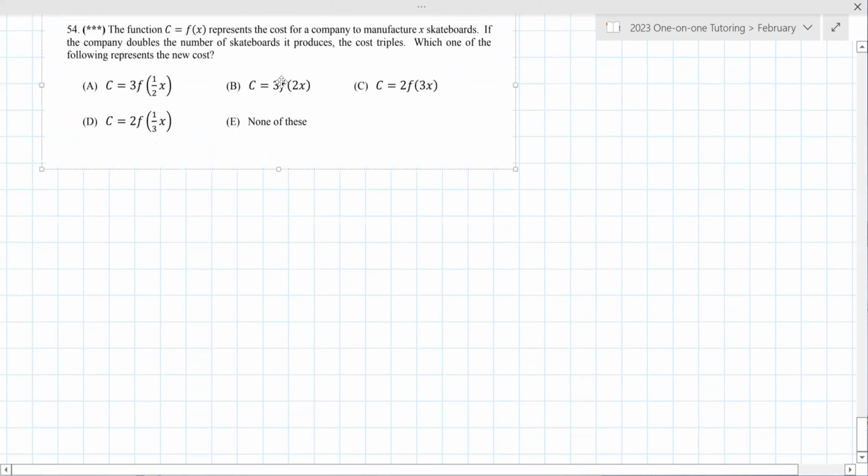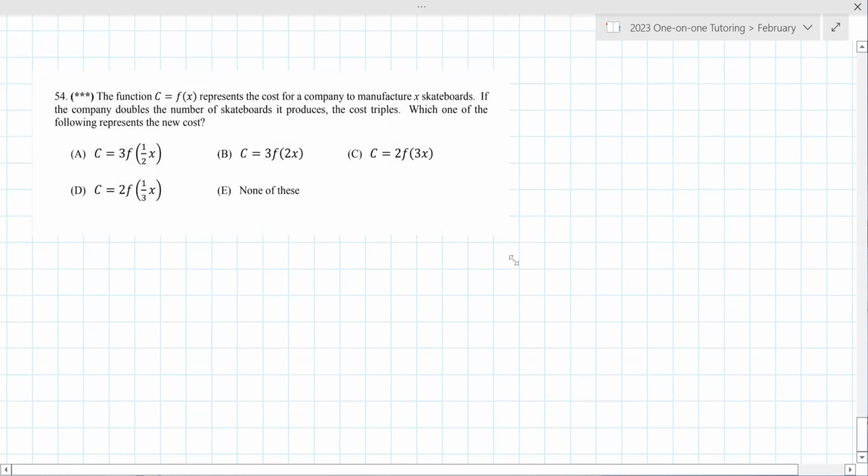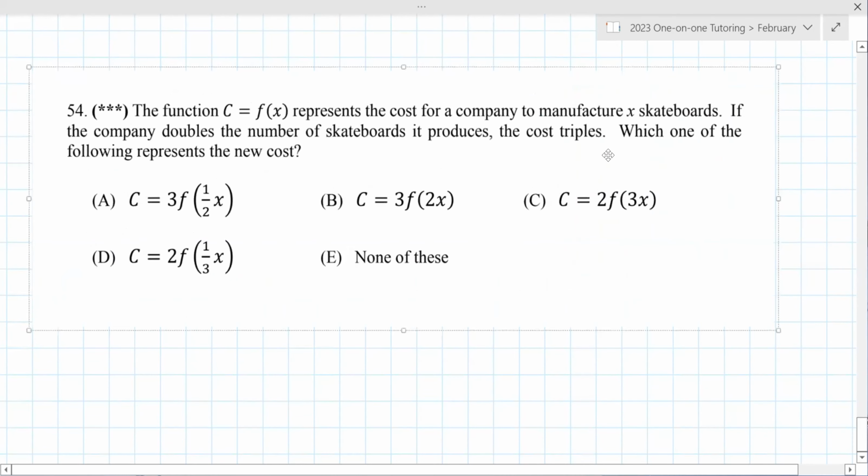All right, the function represents the cost for a company to manufacture X skateboards. The company doubles the number of skateboards it produces, the cost triples. So you have to figure out which one affects the X and which one affects the Y here.